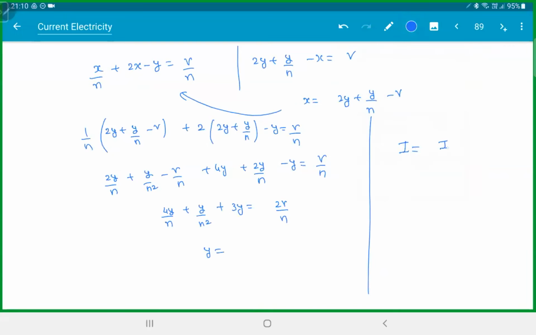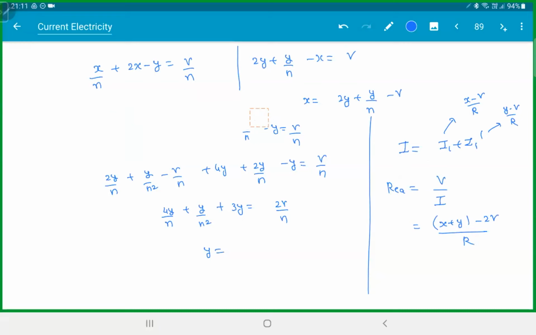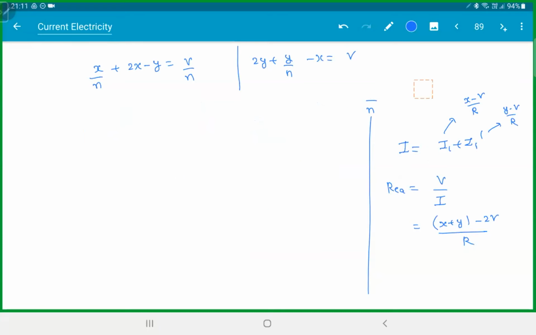I is equal to I1 plus I1 dash, and R equivalent will be the voltage by I. I1 dash will be x minus v by R, and the other will be y minus v by R. Actually, I think I can do something better. If I add these two, I end up with x plus y minus 2v by R. I don't want x and y separately, I want x plus y.